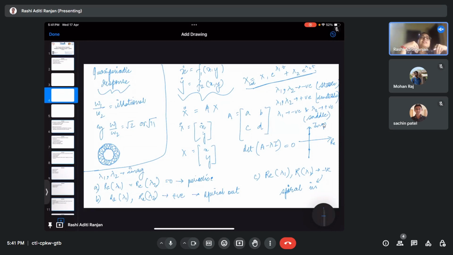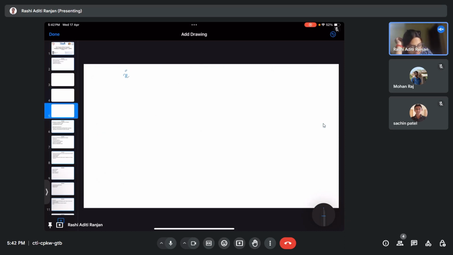For a nonlinear system, I'll first find my fixed points, right? In that case, my system would be something like x dot is equal to f3(x, y) and y dot is equal to f4(x, y), and both of these are nonlinear.